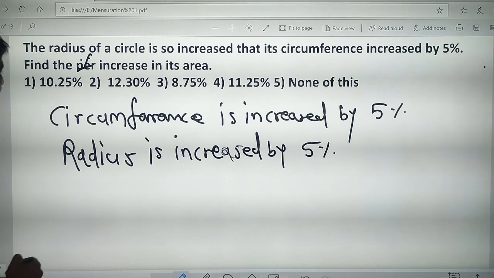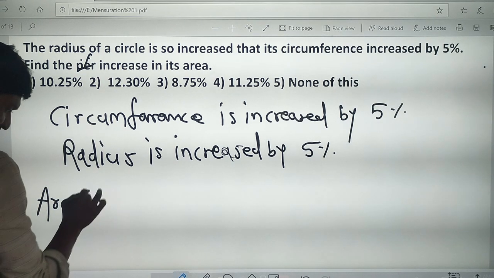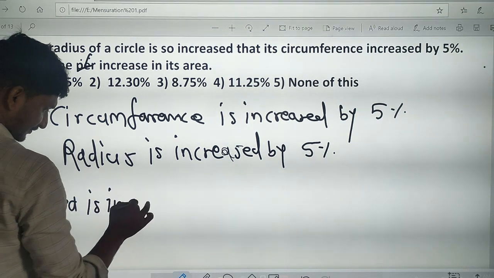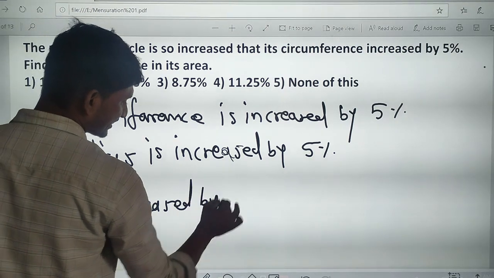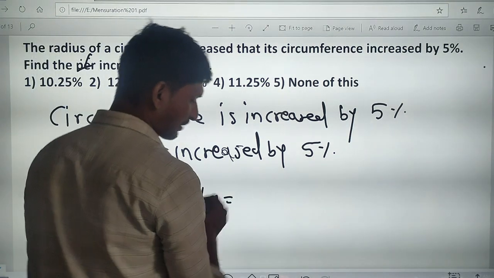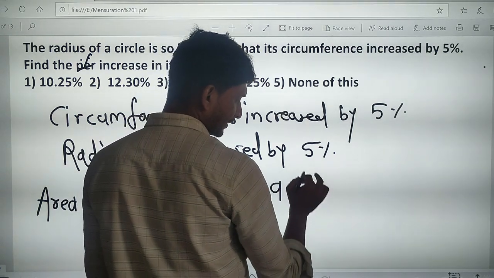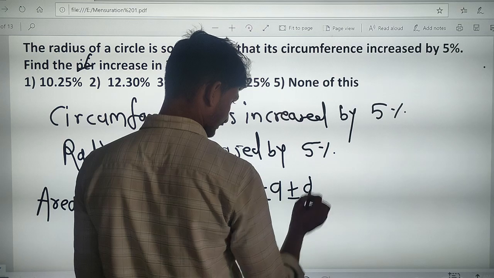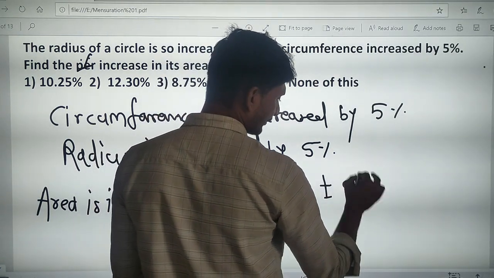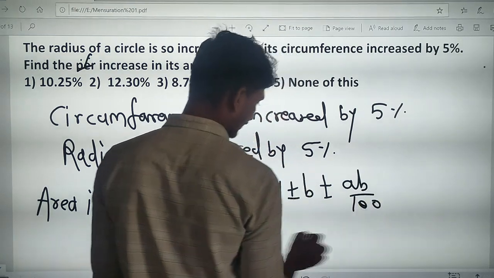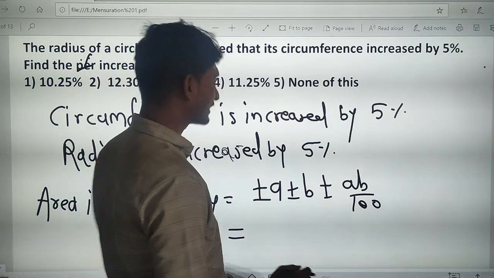Your area is increased by, we find by the formula, plus minus a plus minus b plus minus ab divided by 100. Then your radius is increased by 5%.